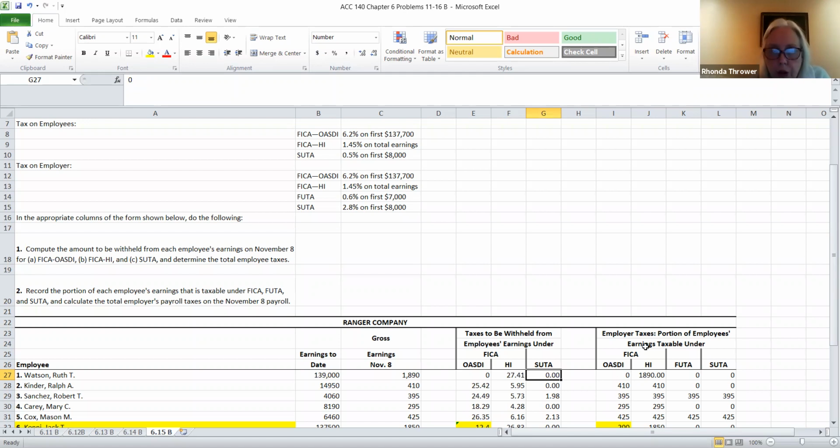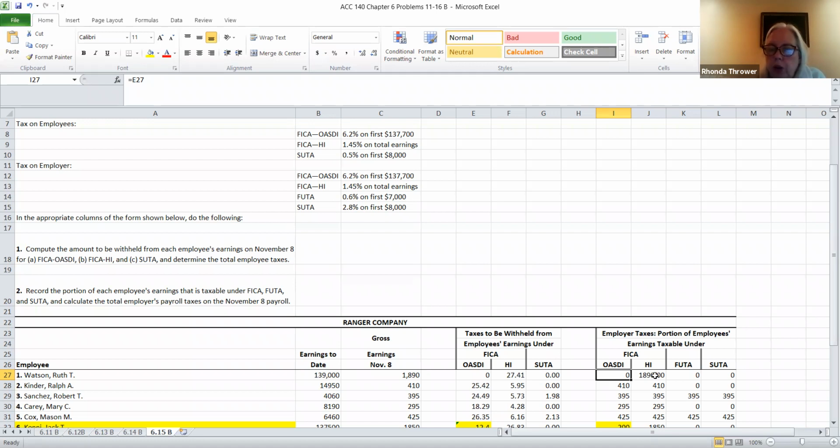For the employer's taxable earnings, that's what they're wanting here, for OASDI, it would be zero because we've gone over the ceiling. This employee went over the $137,700 ceiling, so there's no more that's going to be calculated as earnings for the employer.